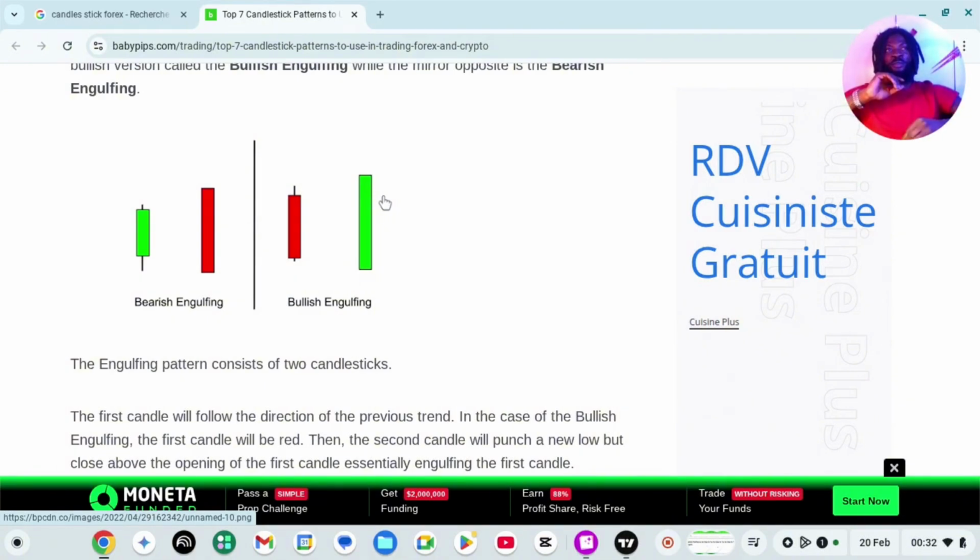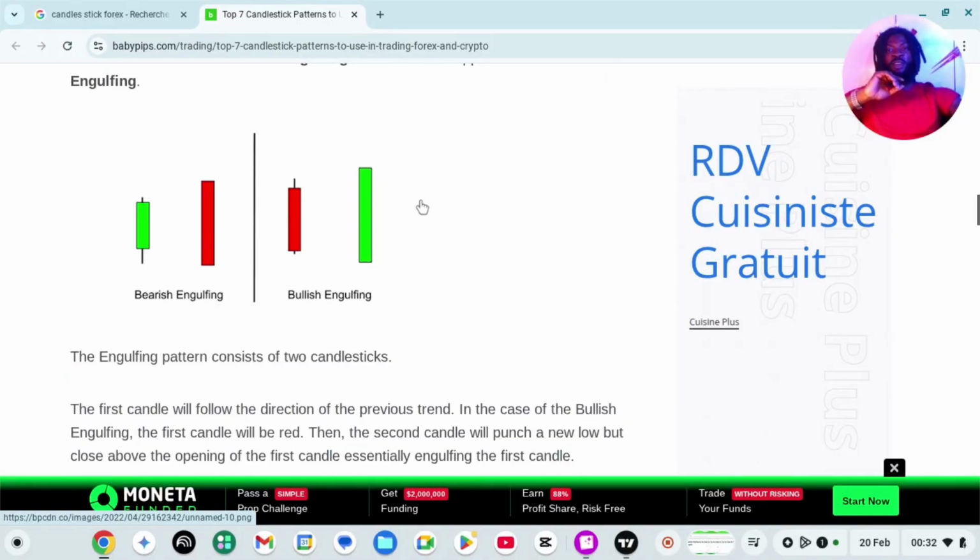That is an engulfing. What the candle is simply telling us is that the buyers have gained control, have gained their strength and overshadowed the sellers. Okay, it's a very bullish engulfing. It's a reversal candle, a powerful one at that.